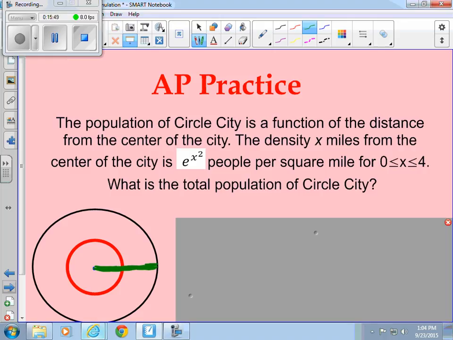Well, 0 to 4 is miles. The dot in the middle is the center of the town, so it would be at mile 0, and 4 miles out.